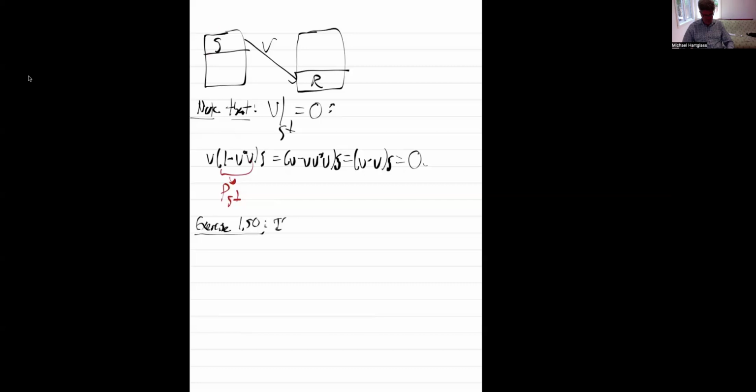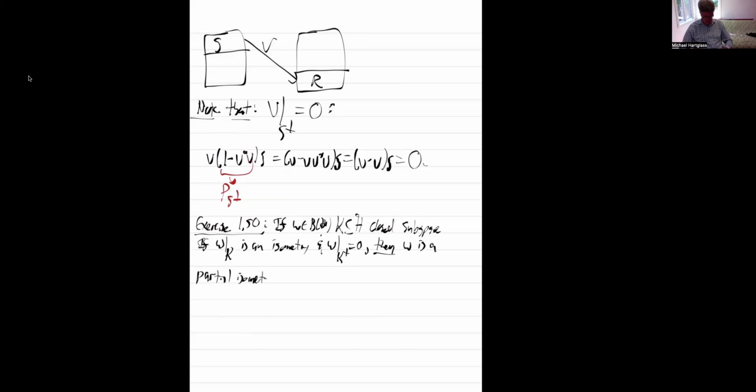Namely, if, say, W is in B of H, K is a closed subspace of H, and if W restricted to K is an isometry, and W restricted to K perp is 0, then W is a partial isometry under the algebraic definition, i.e., it must be the case that W will be equal to W star W.